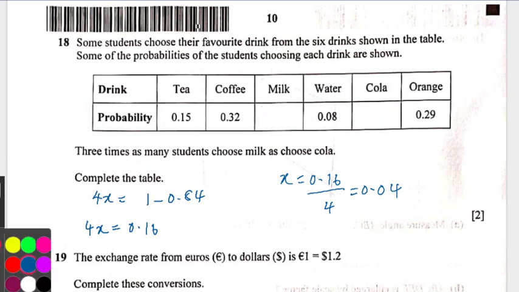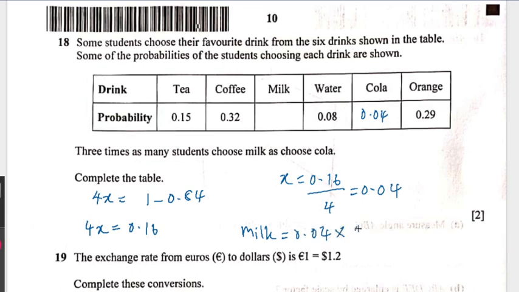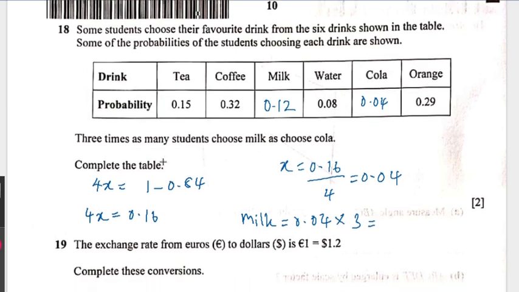So here will be 0.04, and then milk should be 0.04 times 3, and then this one will give you 0.12. Yeah, okay, that's how you do. You make sure you know that the total probability is 1. Okay, it must be 1, or else you can't solve this one. You have to know that it's equals to 1.